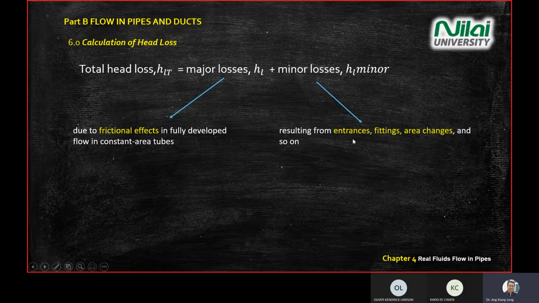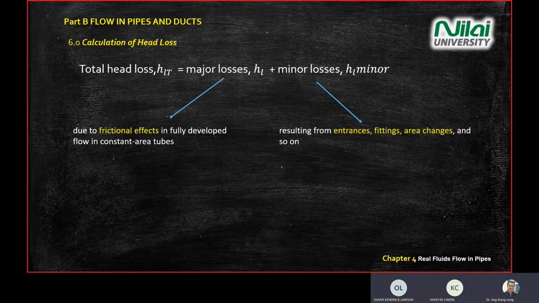Minor losses means the fittings, the entrance, the area changes in the pipe. This will be under another module, the 3279 module. So in this module, we will look at only major losses because of the friction effect. Clear, Oliver and Ku?